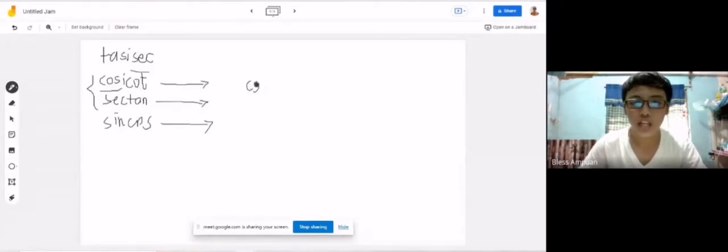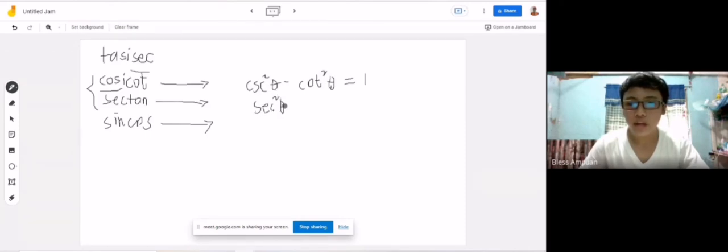So cosecant squared theta minus cotangent squared theta equals 1. Then secant squared theta minus tan, tangent squared theta.